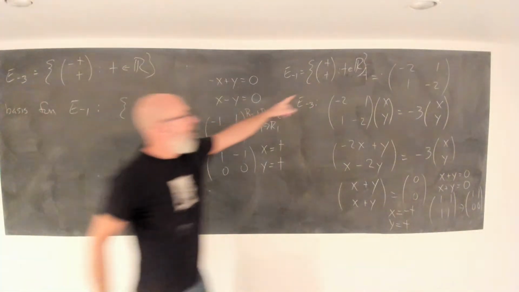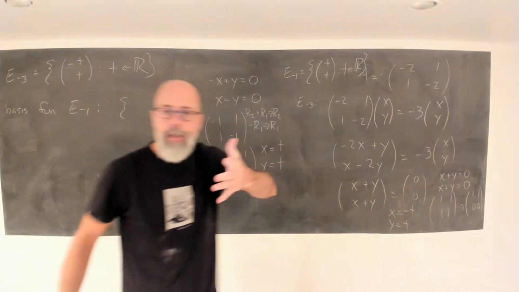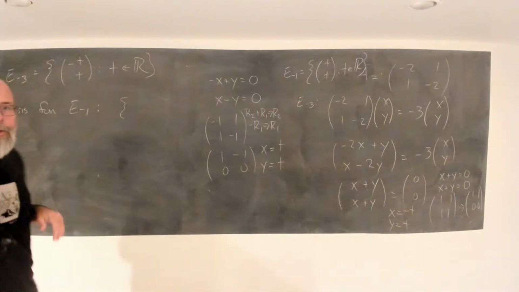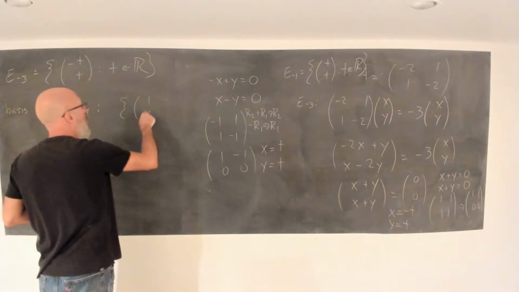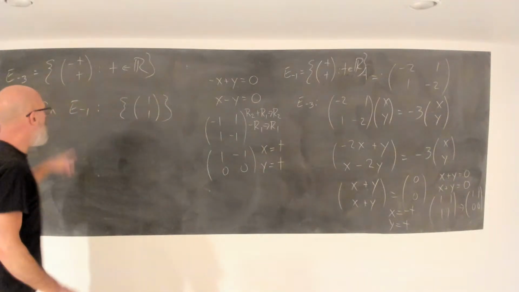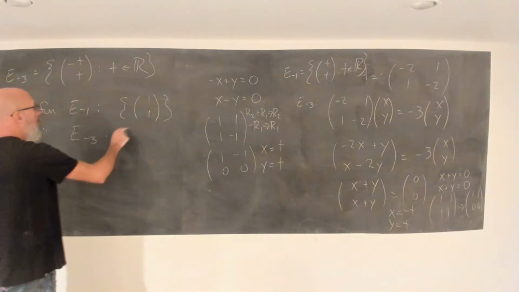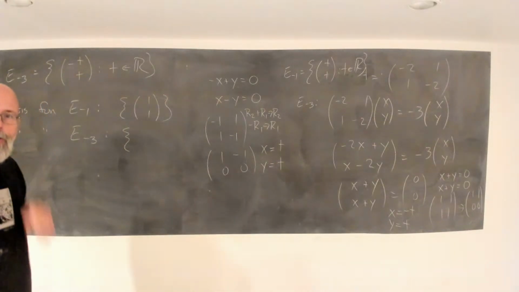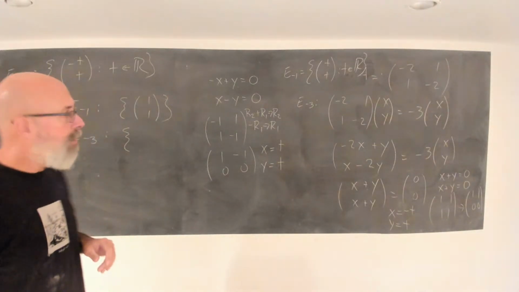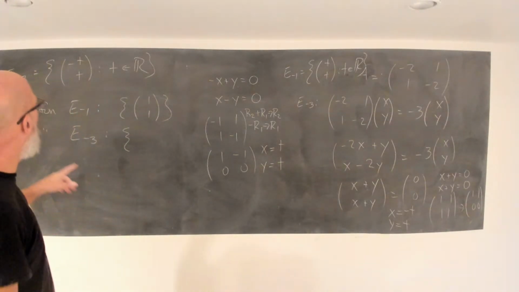What's a basis? Well, it was suggested 1, 1. Very nice. And a basis for E minus 3 is?